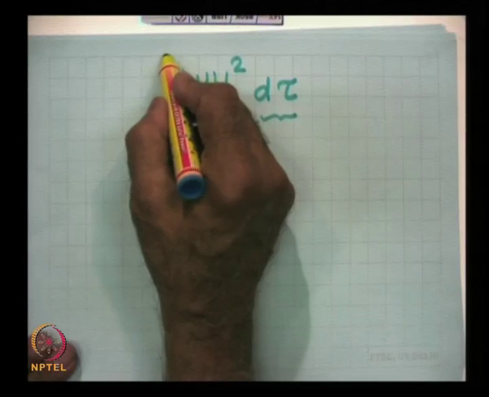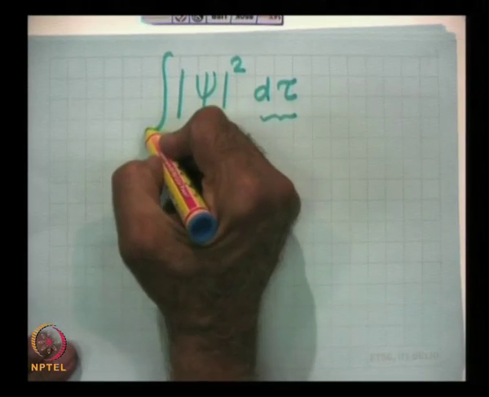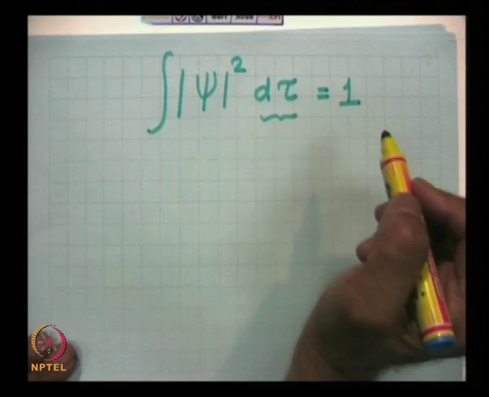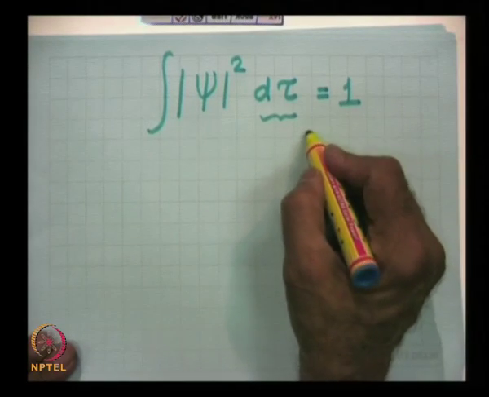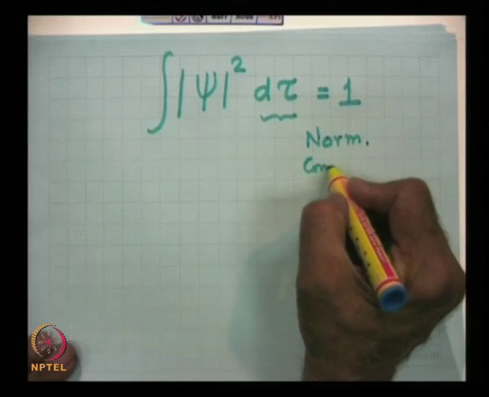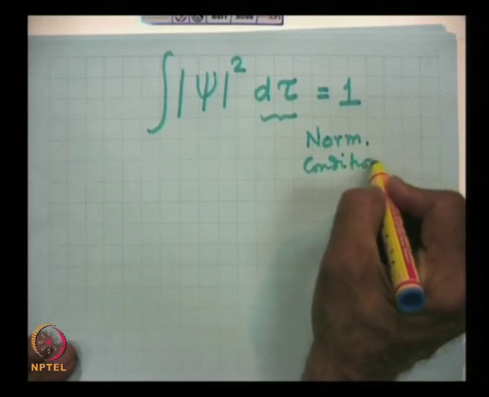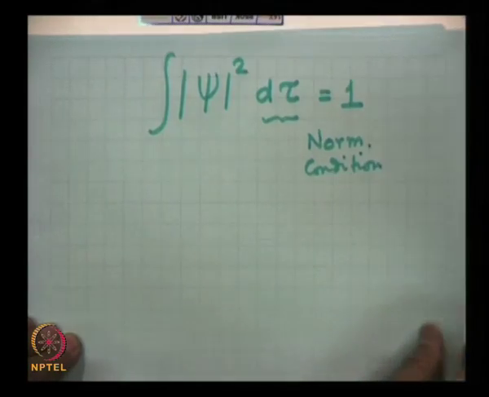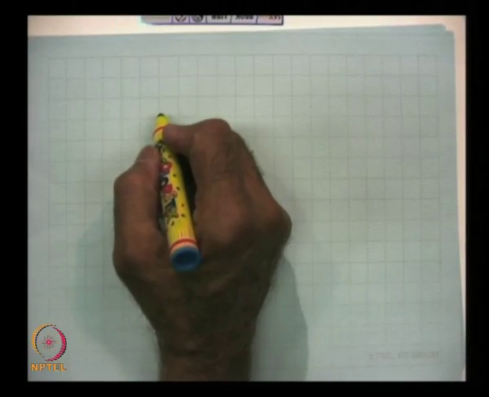And since the particle has to be found somewhere, the total probability must be equal to 1. This condition is known as the normalization condition. Anyway, we will discuss that, but first I would like to give you a heuristic derivation of the Schrodinger equation.